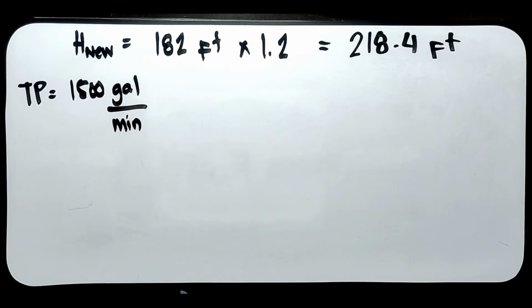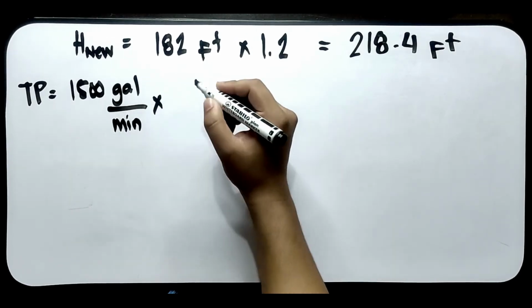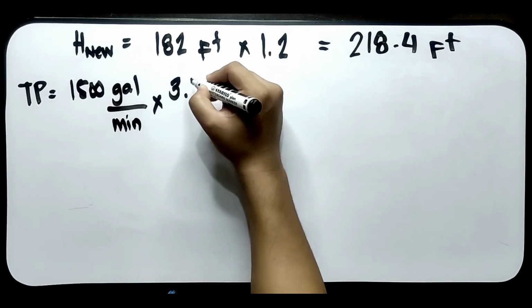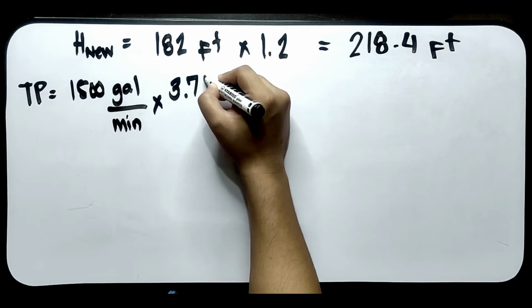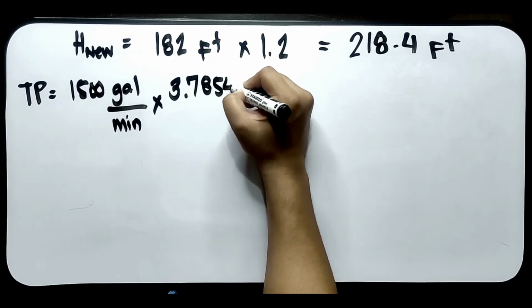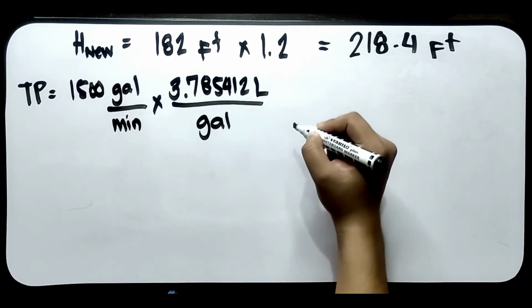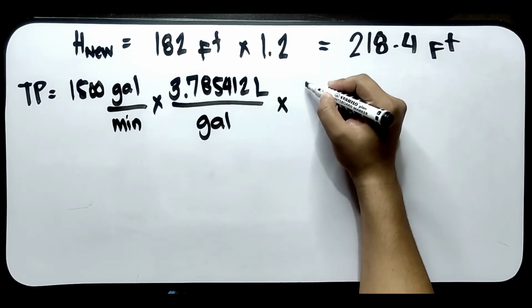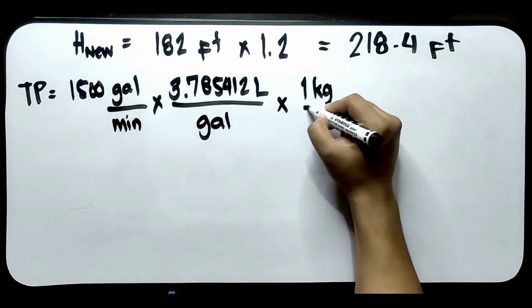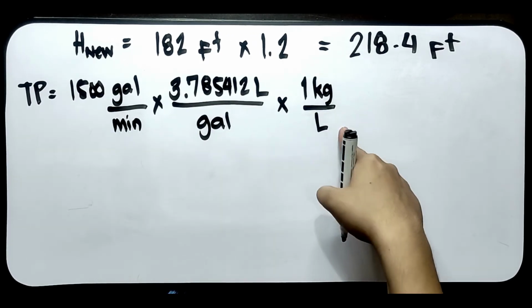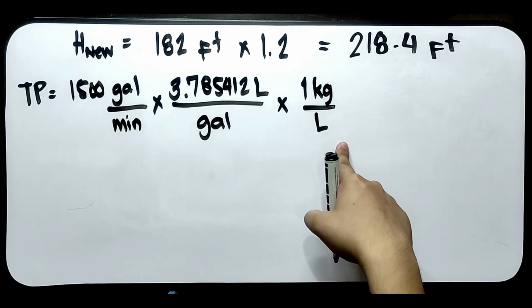Para sa problem na to, i-convert ko siya into liters and then kilograms. So, i-multiply ko siya sa 3.785412 liters per gallon. And then, meron tayong 1 kilogram per liter, which is 1 kilogram of water per liter of water.